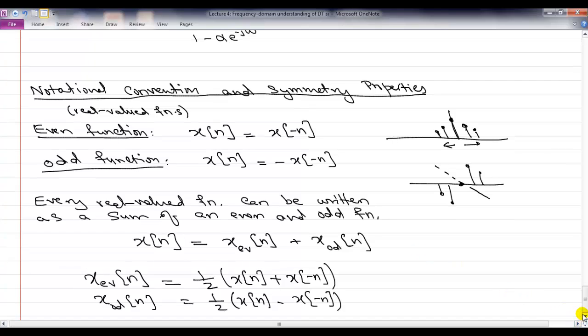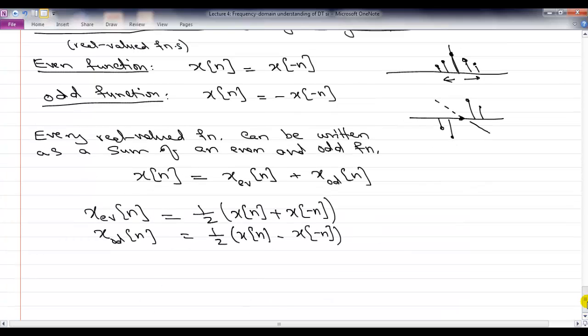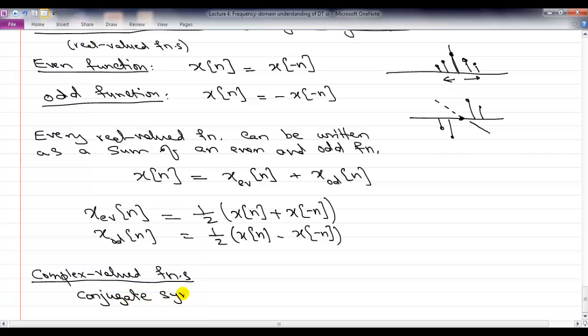For complex valued functions, the terms are a little different. In complex valued setups, the terms that are used are conjugate symmetry. So you have conjugate symmetric functions. And the definition of that is that x[n] equal to x conjugate of [minus n].